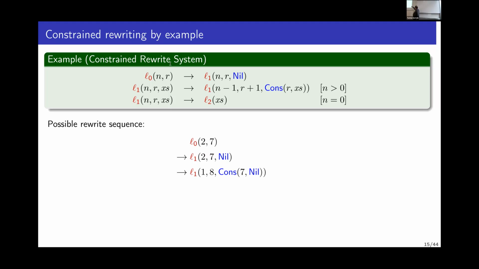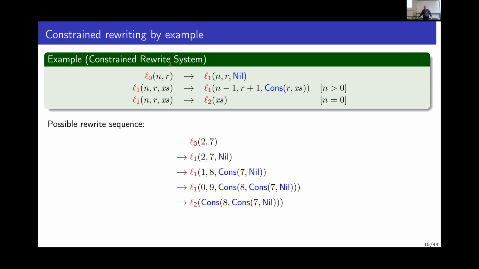And we replace 2 by 2 minus 1. So from 2, we get 1. We replace the 7 by 7 plus 1, which is 8. And we have just created a list element with 7 as the entry. And otherwise, that's an empty list. We can take another step using the second rule, because also 1 is greater than 0. Now the second rule is no longer applicable, but the third one is.